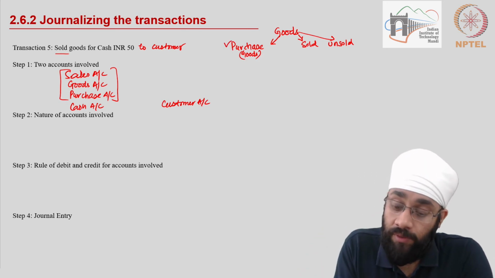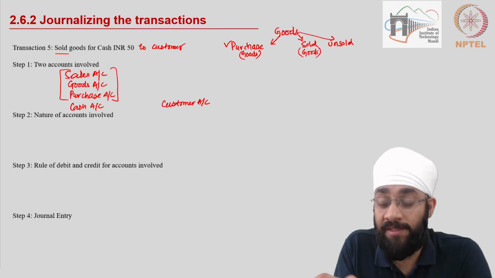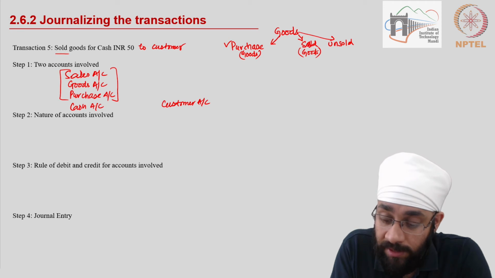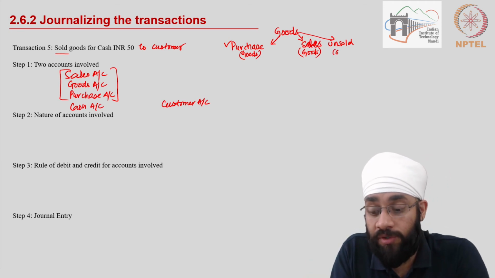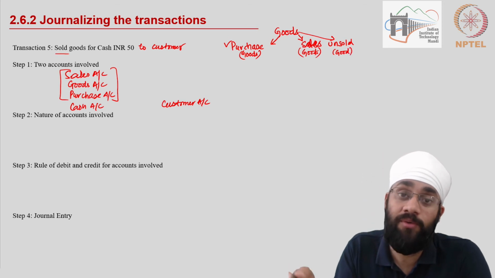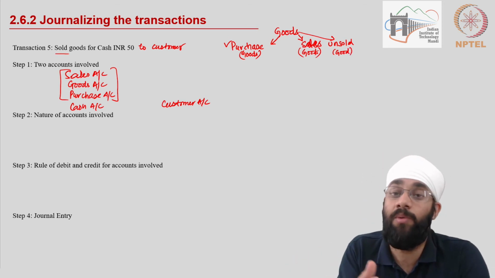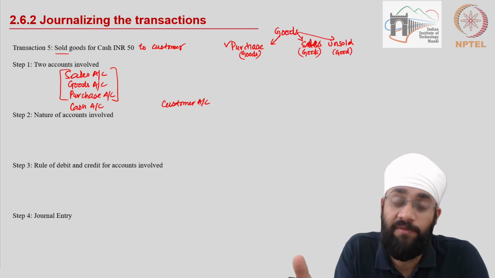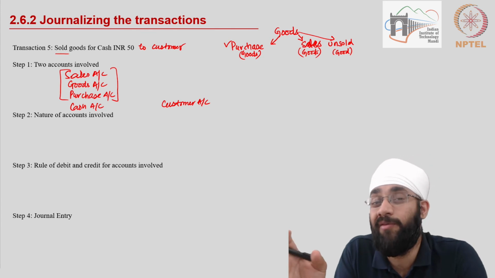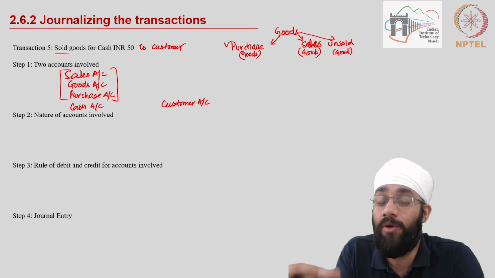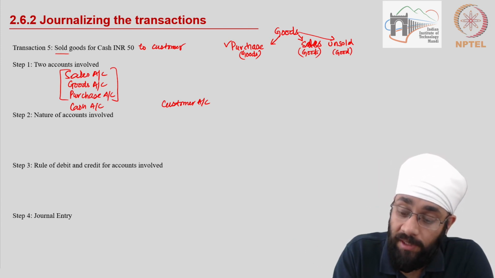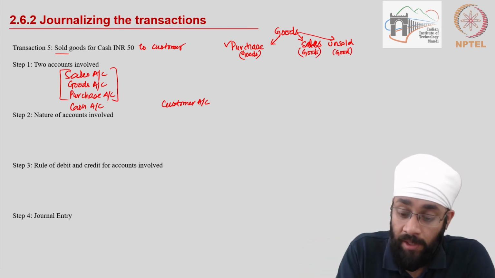Then all the goods which are sold are included in the sales account. I should say sales account here. And finally, all the goods that are unsold go to the unsold stock account, which is a different kind of account opened at the end of the year. You just have this record that these many goods are unsold, and you convert that into a current asset. This becomes a current asset later on.